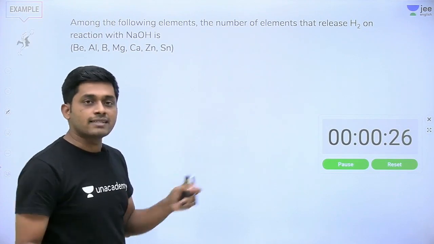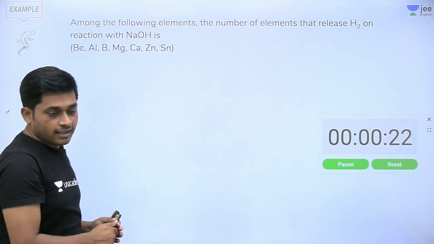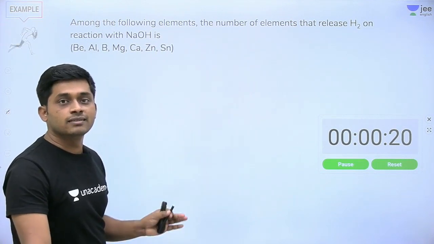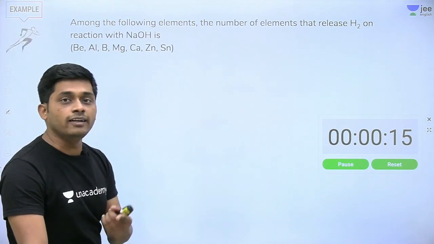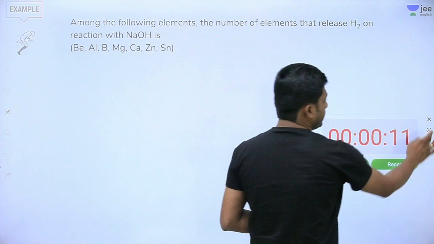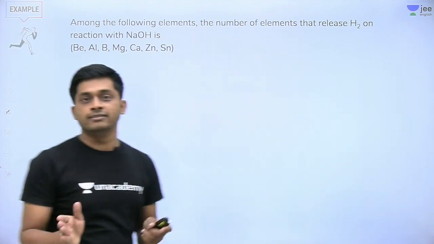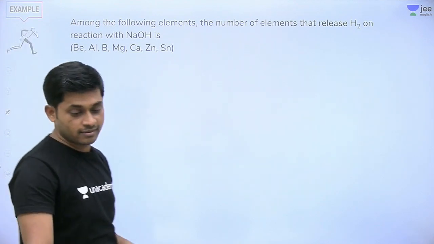Metals are generally basic, but some metals react with NaOH. Some metals even react with bases. What are they called? They are amphoteric. So what are the amphoteric metals from this?